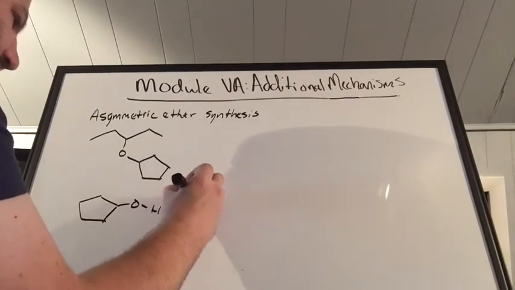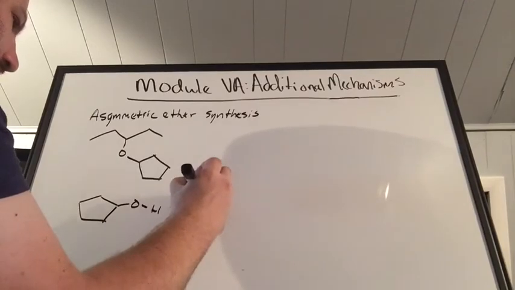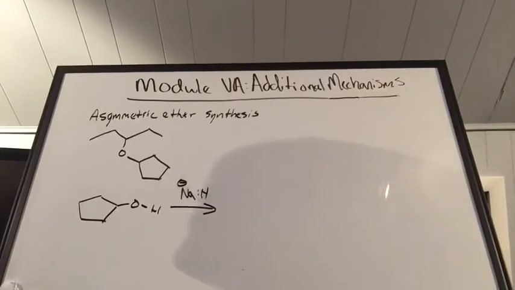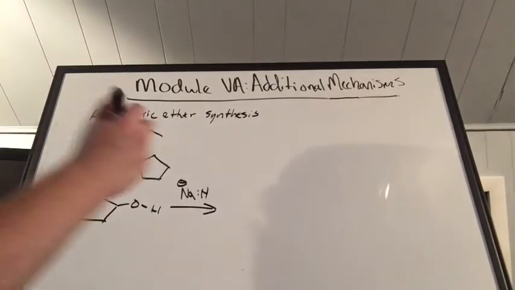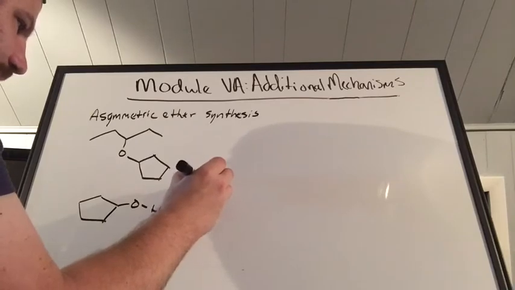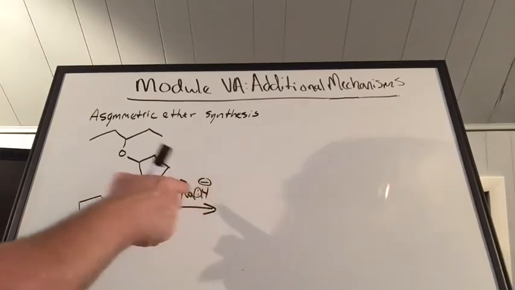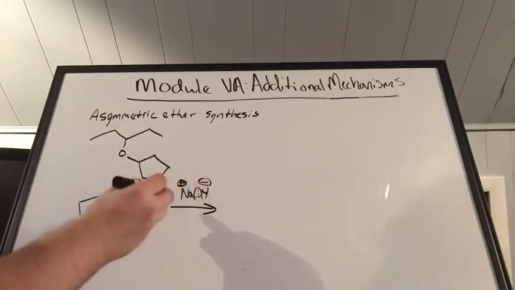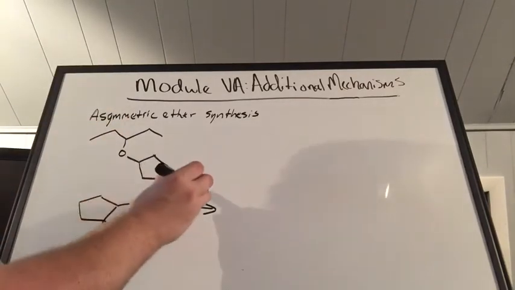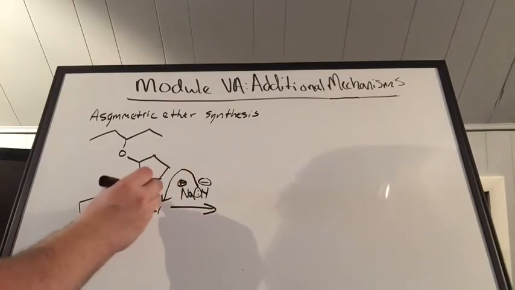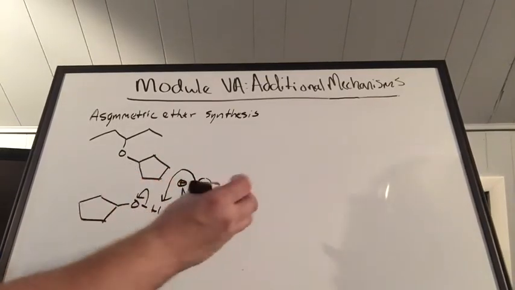So you're going to use sodium hydride, which is going to be basic. That H has 2 electrons, or a lone pair about it, so it fills up that 1s shell. It takes this hydrogen irreversibly, right?